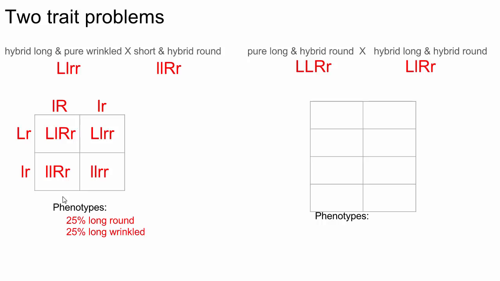That's this one. 25% are going to be short and round, and then 25% short and wrinkled. That's a fairly simple example because there's only two possible gamete combinations. This one's a little more complex.